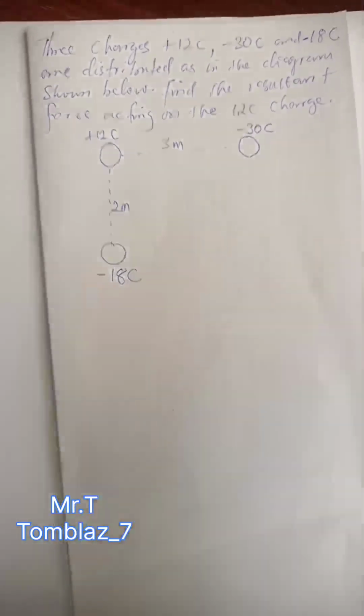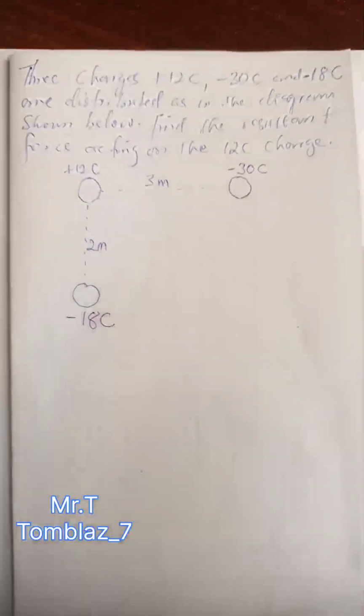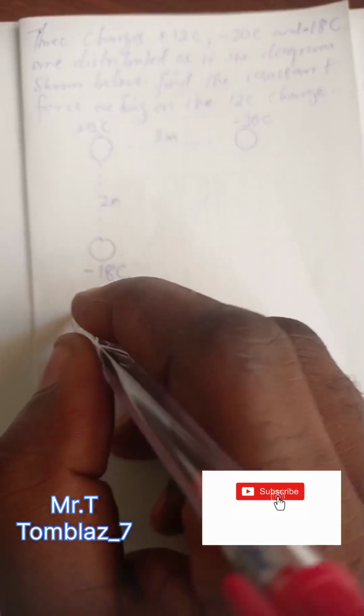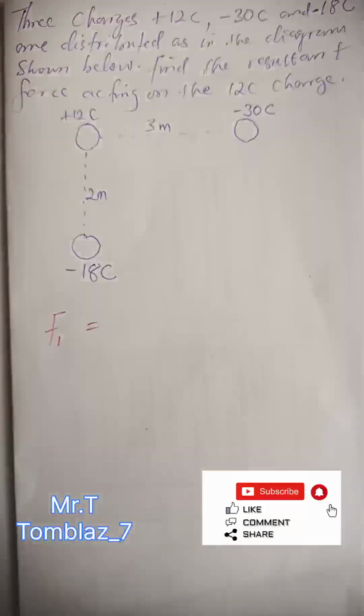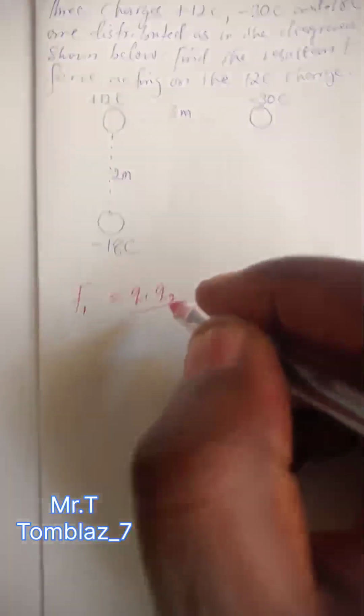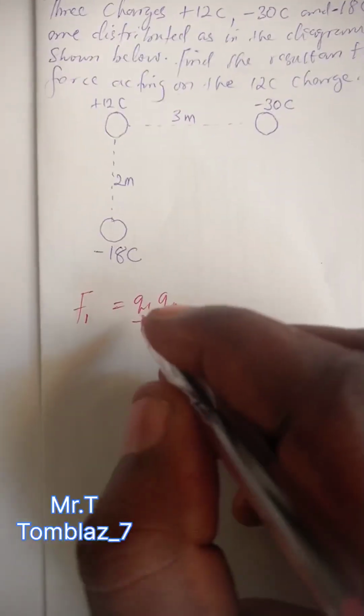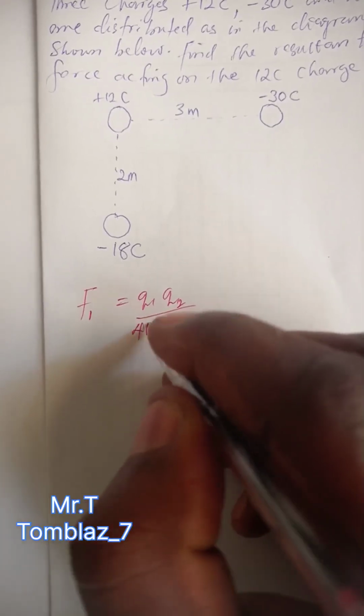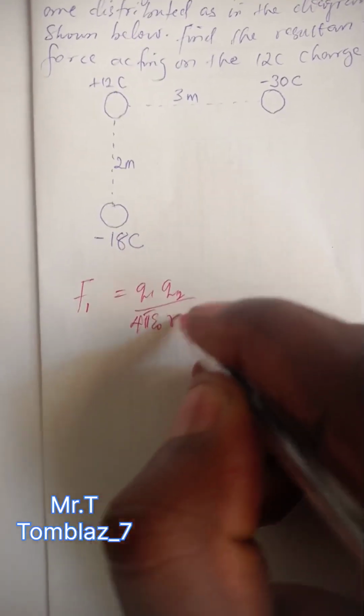So starting with the force that exists between the 12 coulomb charge and the minus 30 coulomb charge, we can call that one F1, which is equal to Q1 Q2 all over 4 pi mu naught r square.